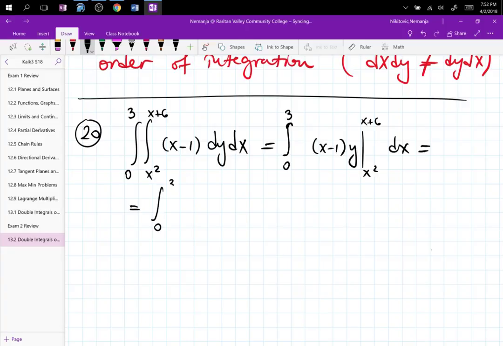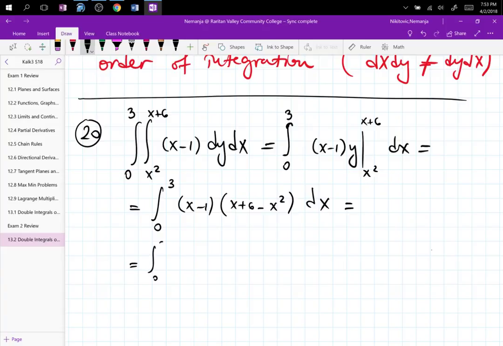So now integral 0 to 3, we are going to have x minus 1 times the upper limit, which is x plus 6, minus the lower limit, which is x squared, and everything's dx. So now we distribute and then integrate. This is a Calc 1 integral now because we did the inner one.